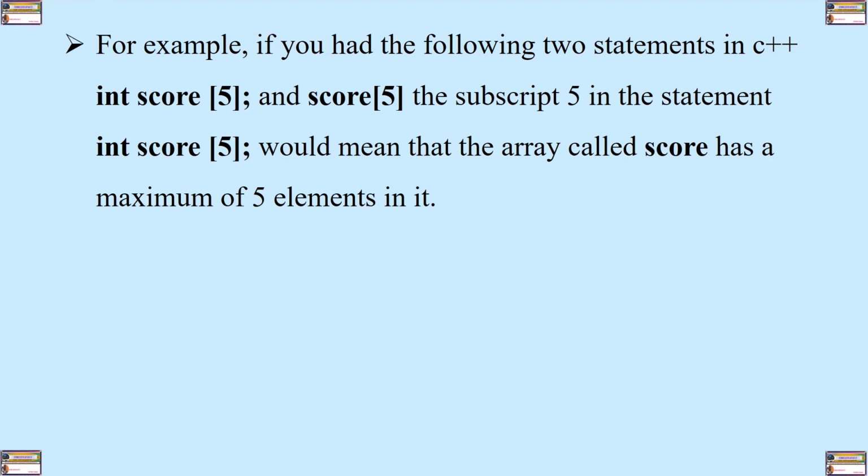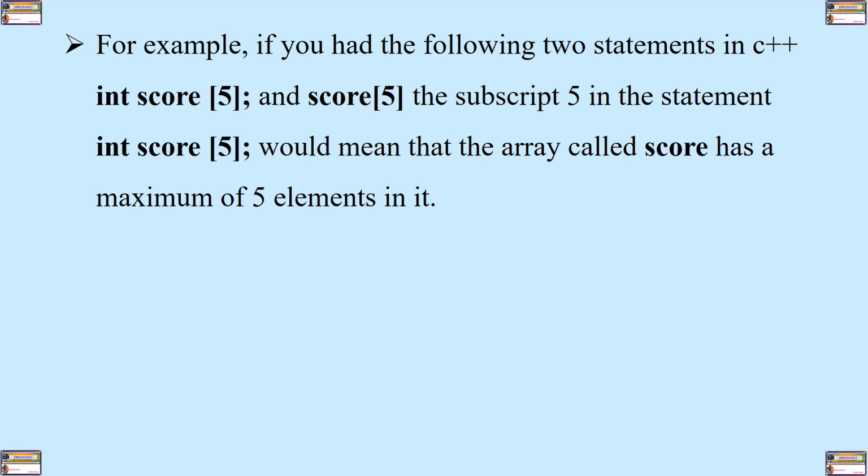Then what we are simply saying is that because it's not a declaration, we are referring to an element in an array called score. And that element is the element with index 5. That simply means that this element we are referring to as score[5] will be the 6th element in the array.